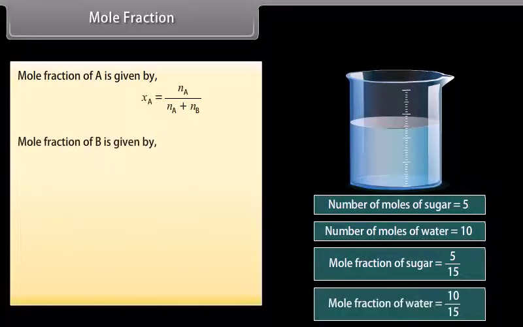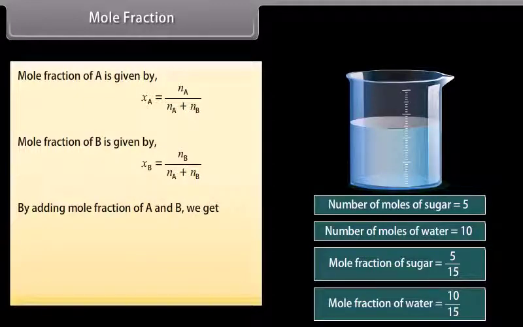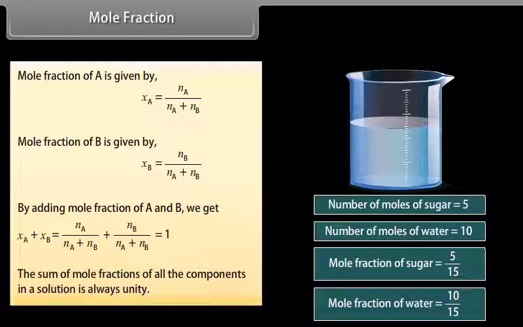Mole fraction of B is given by Nb divided by Na plus Nb. By adding the mole fractions of A and B, we get Xa plus Xb is equal to 1. It implies that the sum of mole fractions of all the components in a solution is always unity.